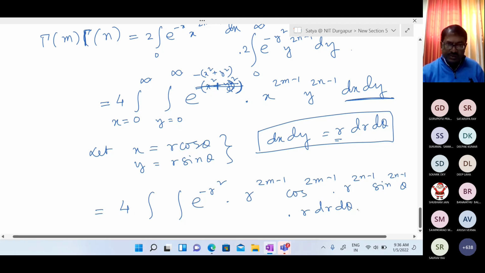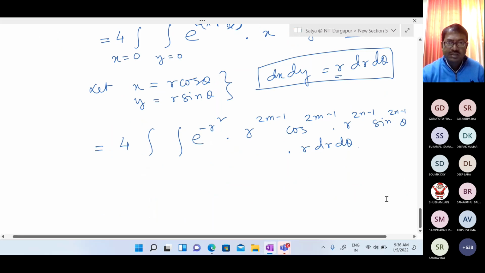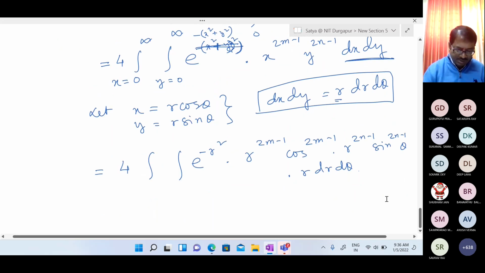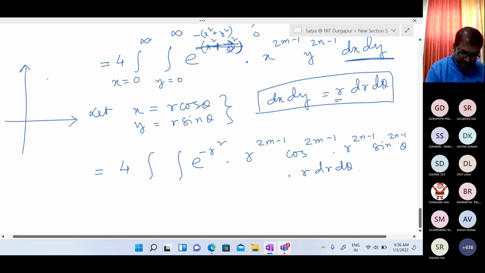Fine. And what about the limit? The limit will be clear here. It is easier to understand using the graph. Keep in mind, in the previous limit there was the origin, and x goes from 0 to infinity on the x coordinate, and y goes from 0 to infinity on the y coordinate.